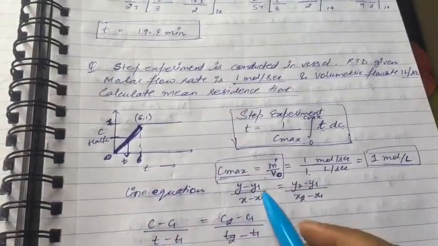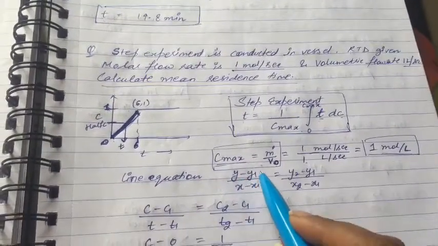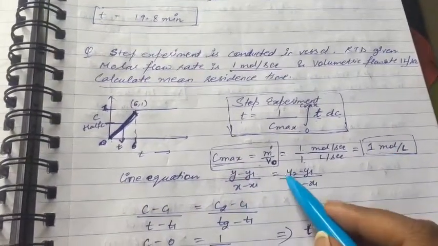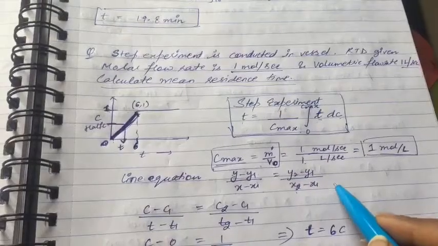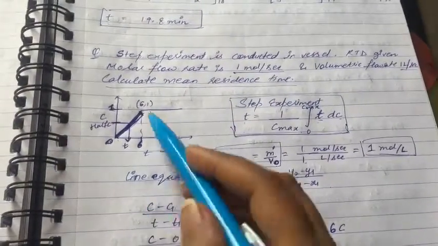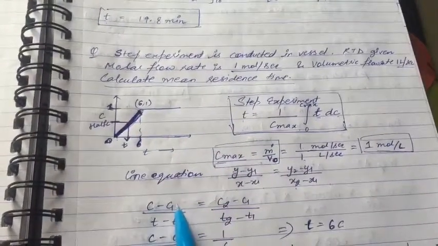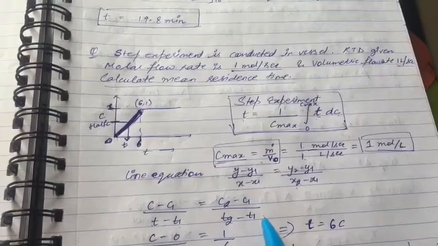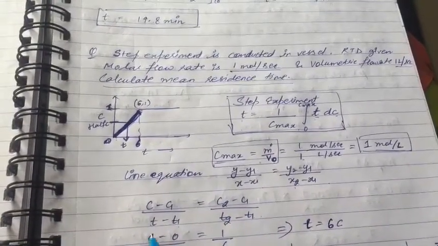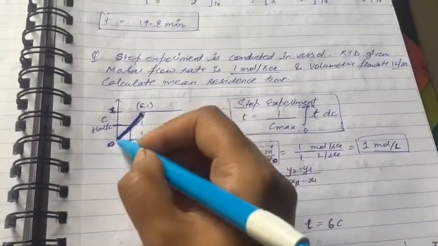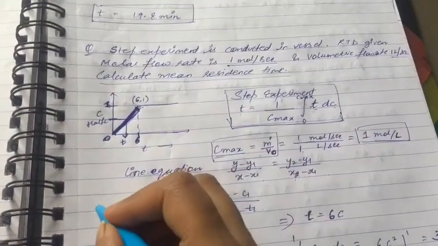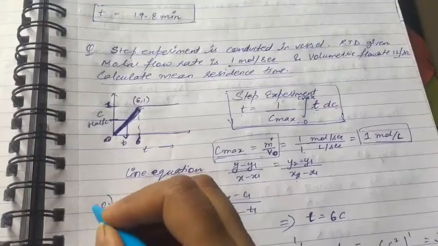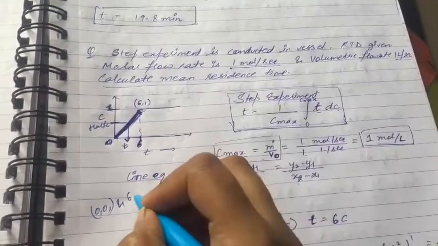So for this, the equation of line we all know, y minus y1 upon x minus x1 is equal to y2 minus y1 upon x2 minus x1. So for this equation we have c minus c1 upon t minus t1 is equal to c2 minus c1 upon t2 minus t1. So for this line, our coordinates are 0, 0 and 6, 1.